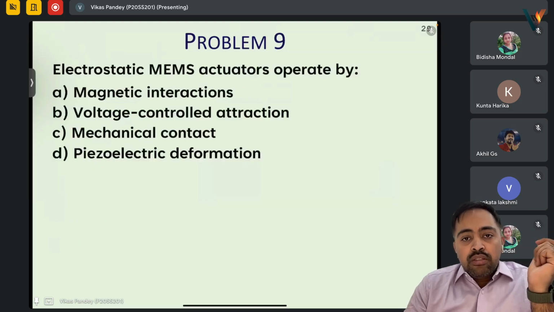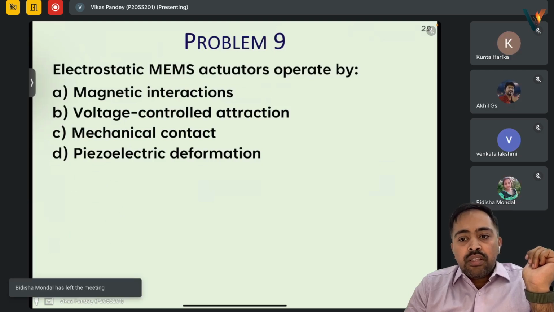Electrostatic MEMS actuators operate by magnetic interaction, voltage controlled attraction, mechanical contact, or piezoelectric deformation. Yes, anyone?